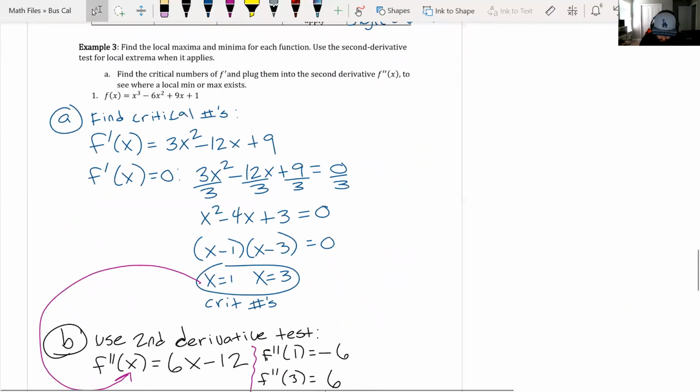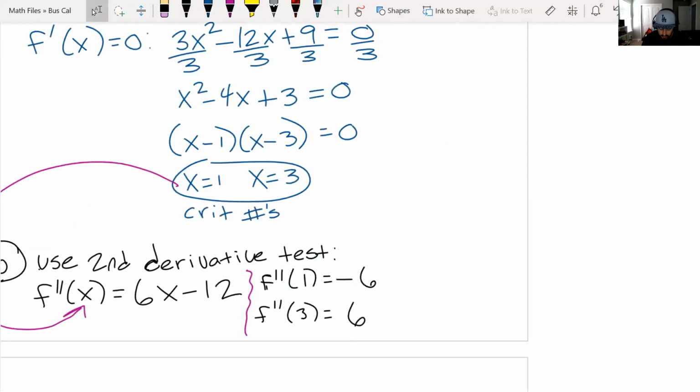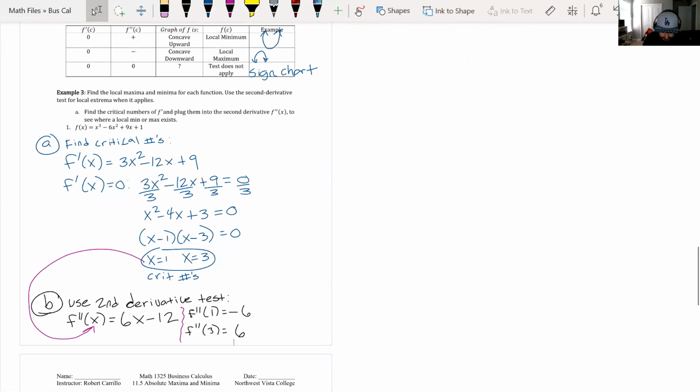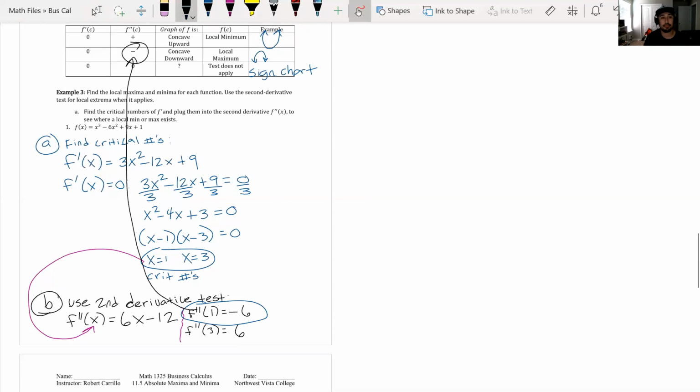Okay. So what this means is that by the second derivative test, look at the very first one. F double prime equals negative 6. What this means is that the second derivative is negative, which means that our graph will be concave downward, which means at our critical number of 1, we will have a local maximum.